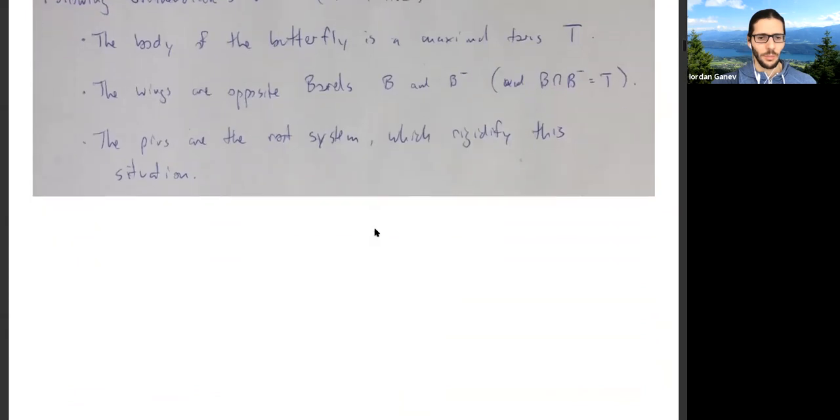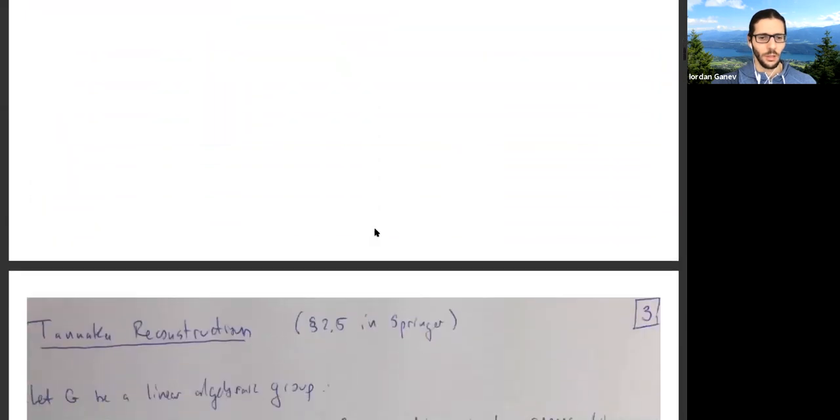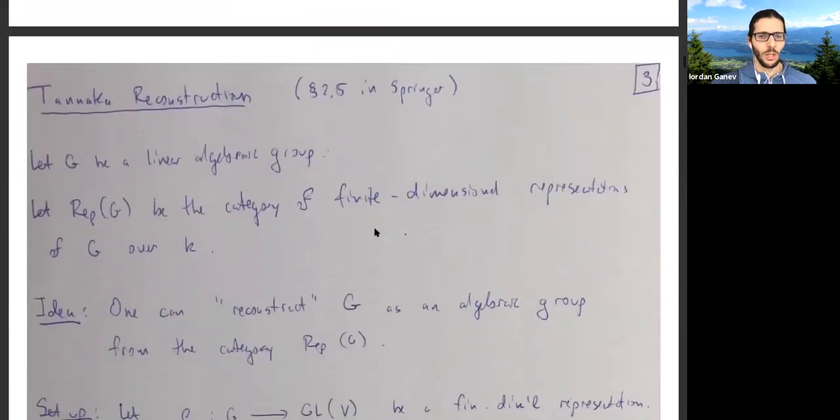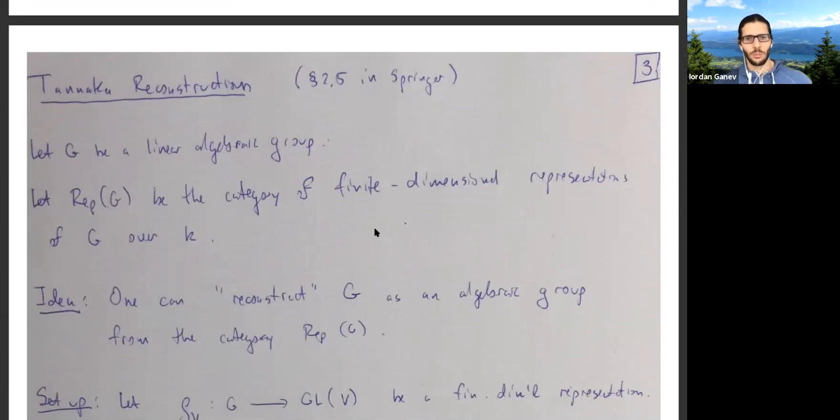Okay, the next topic I want to touch on is Tannakian reconstruction. This is a section in chapter 2 of Springer that we skipped, but now I want to go back to it. In this section, G will be just a general linear algebraic group. I know we've been talking mostly about reductive and semisimple algebraic groups, but here it's any linear algebraic group.